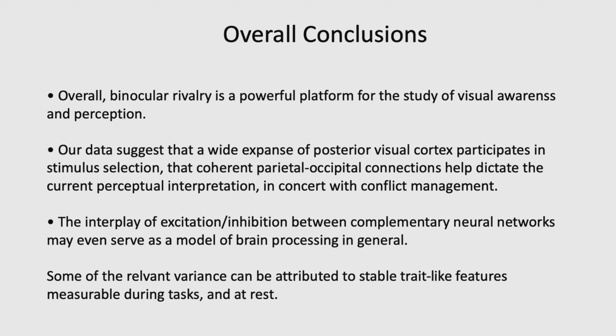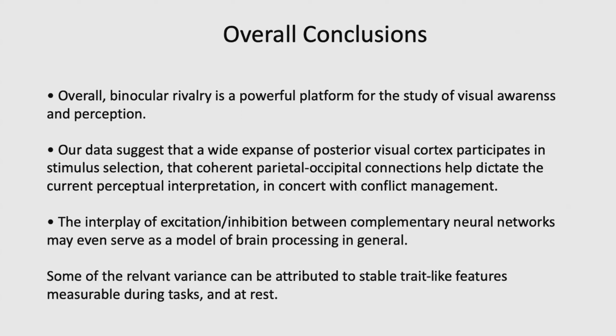The interplay of excitation and inhibition between complementary neural networks may even serve as a model of brain processing in general. I mean, I love binocular rivalry. Of course, I'm kind of biased, but I think it's totally rational to imagine that this kind of competitive interaction between neural networks is happening all the time between a wide variety of networks.